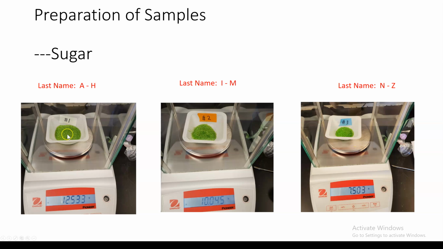Here are the masses of sugar that we are weighing out to make up this mixture. Mixture 1 has 12.533 grams of sugar, mixture 2 has 10.045 grams of sugar, and mixture 3 has 7.503 grams of sugar.